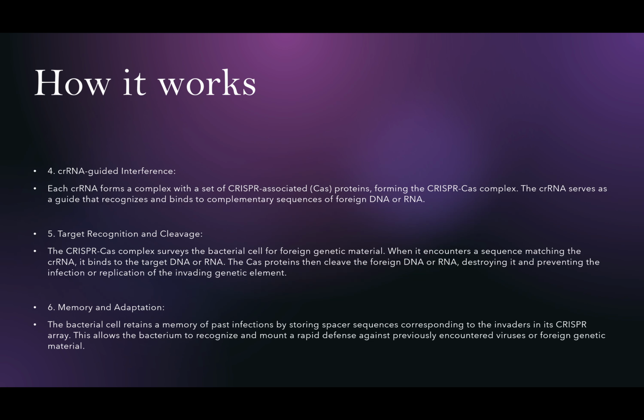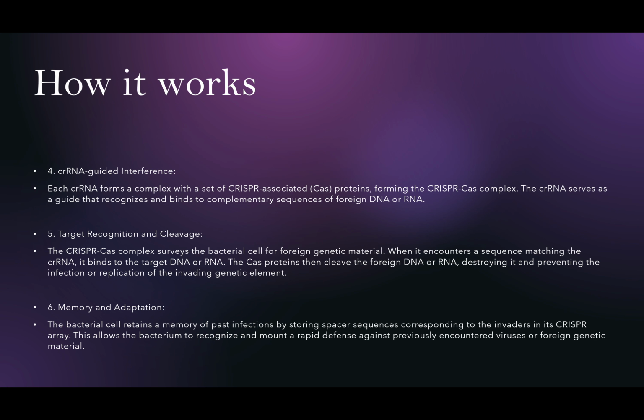And what the Cas complex starts to do is survey the bacterial cell for foreign genetic material. When it encounters a sequence matching the crRNA, it binds to the DNA or RNA first, and then the protein cleaves the DNA or the RNA, destroying it, so preventing infection or replication of invading genetic elements.